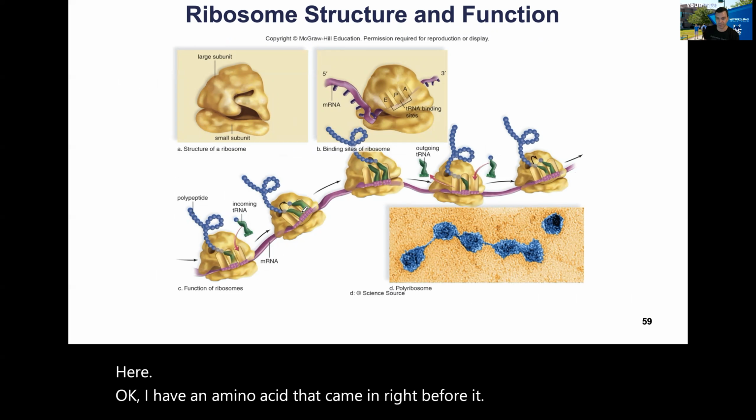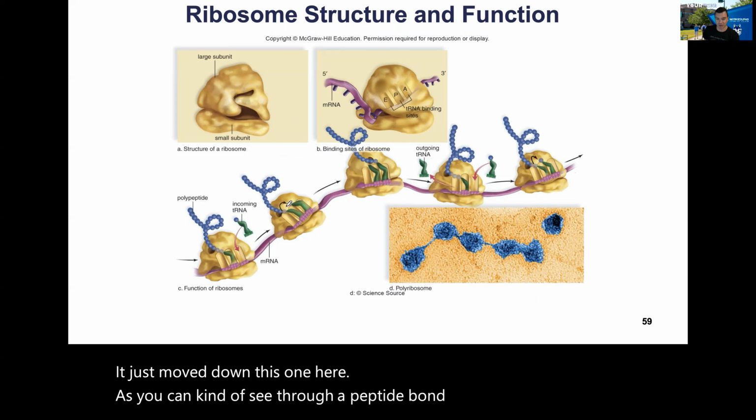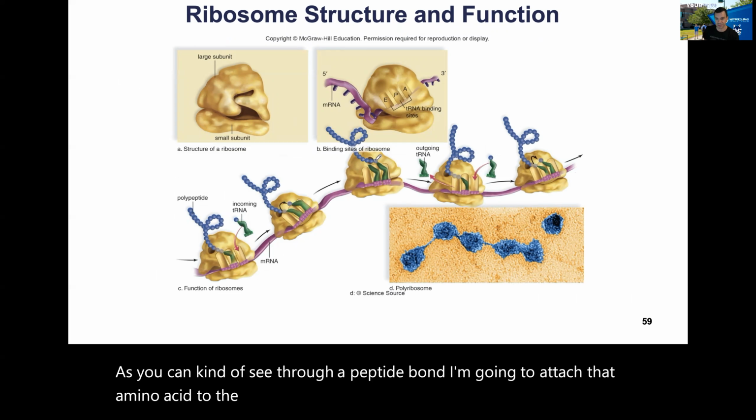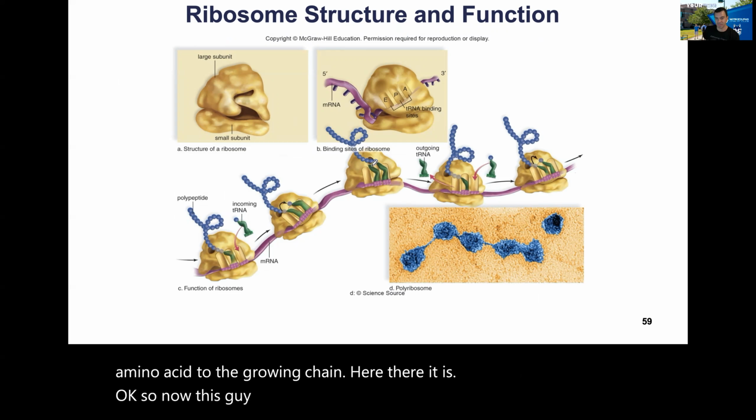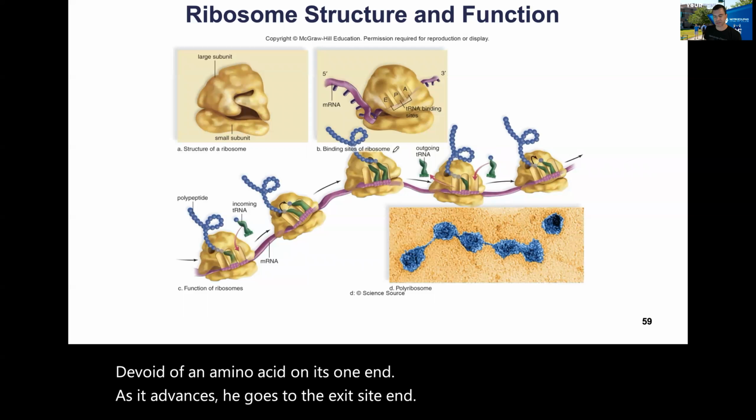It just moved down, this one here. Through a peptide bond, I'm going to attach that amino acid to the growing chain here. There it is. So now this tRNA is devoid of an amino acid on its one end. As it advances, it goes to the exit site and it exits, hence the name.